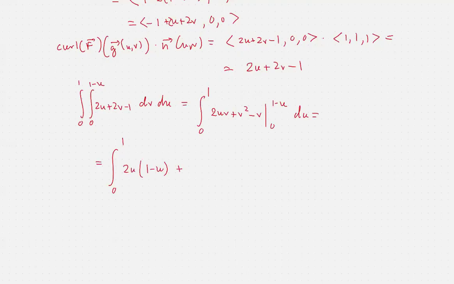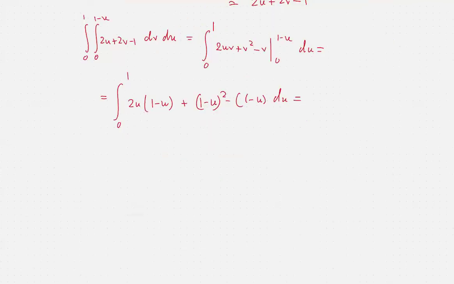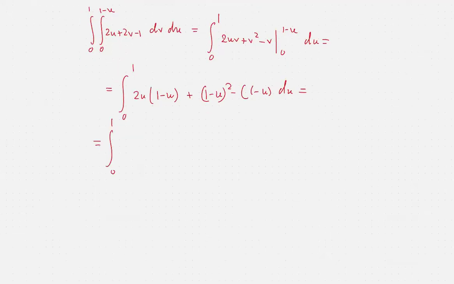That's what we get. Too many parentheses here. Sorry about this. And let's FOIL everything that we have inside. I hope I'm not making any numerical error here. If I do, then send me an email and I'll correct it. Plus 1 minus 2u plus u squared minus 1 plus u du.